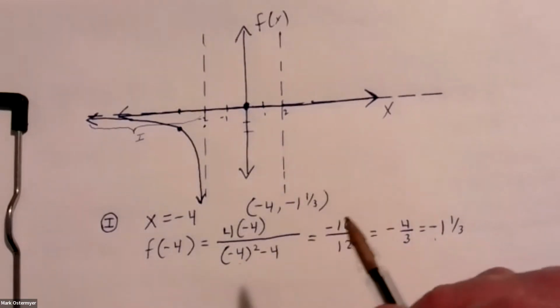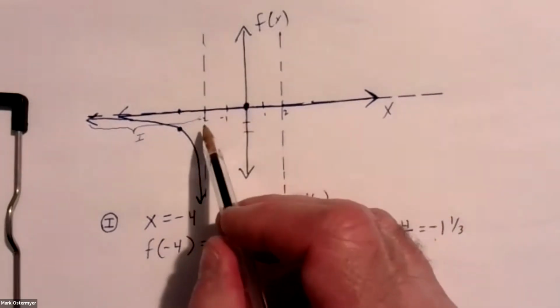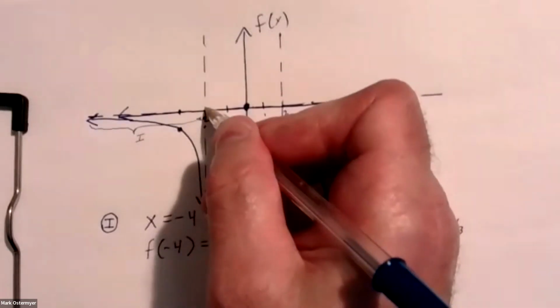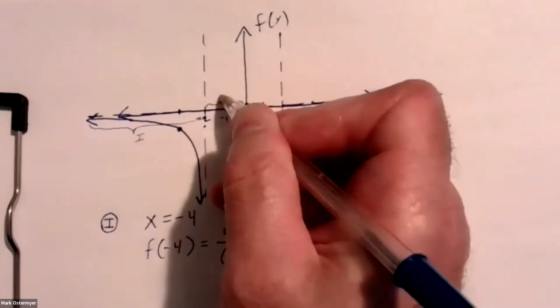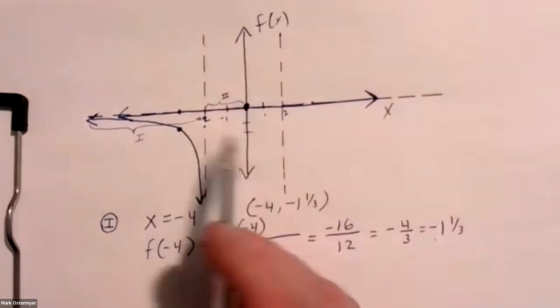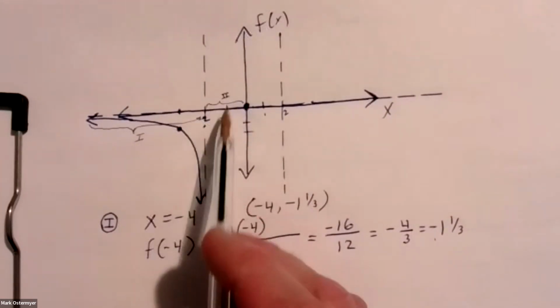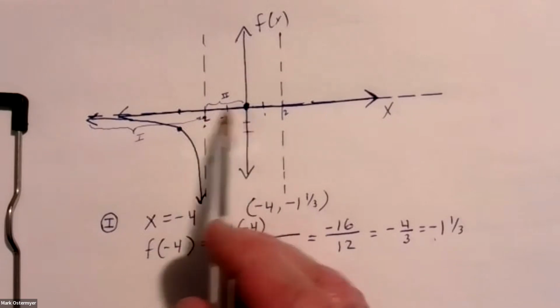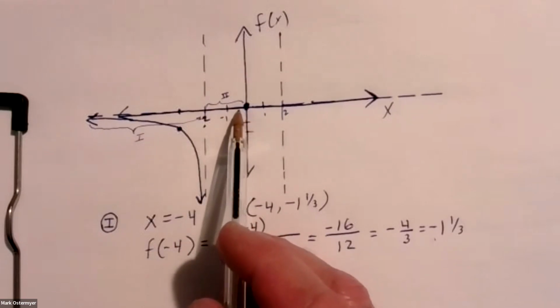Now we need to venture inside. We need to venture in this interval here. I'll call this interval number 2. I don't know if my graph is above or below my horizontal asymptote in this interval between 0 and -2. For that reason, I need to choose some value and throw it into the function.